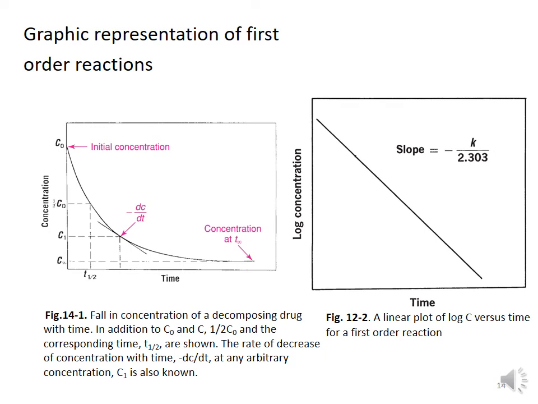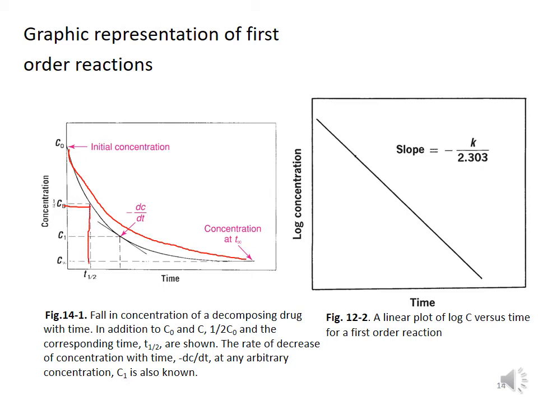These figures show the graphic representation of a first order reaction. When a plot of concentration versus time is made, a nonlinear relationship is obtained between the concentration and the time. The half-life is determined from the figure when the concentration is reduced to half of the original value.